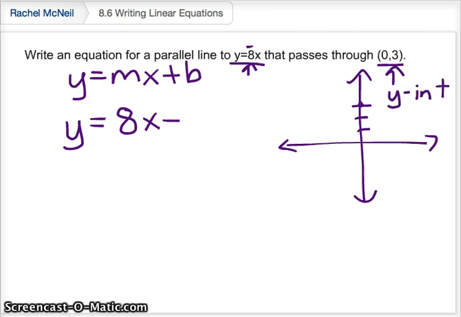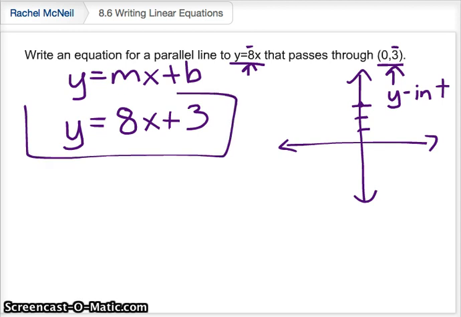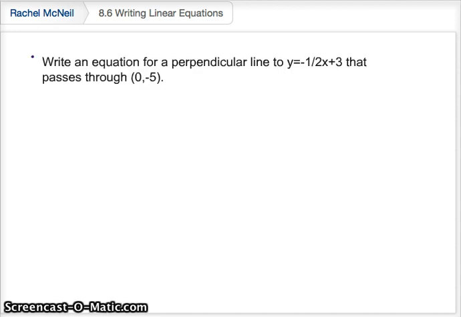That means that my b, or my y-intercept, is 3. So I get y equals 8x plus 3. And that is a parallel line to y equals 8x because it has the same slope and passes through the point 0, 3, as that is the y-intercept of that graph. So we get y equals 8x plus 3.